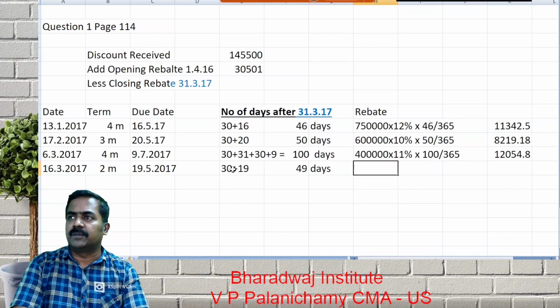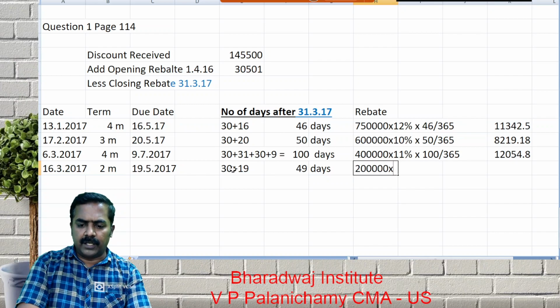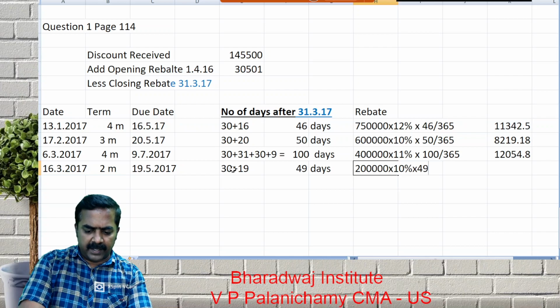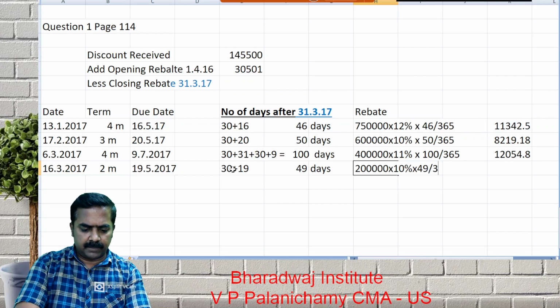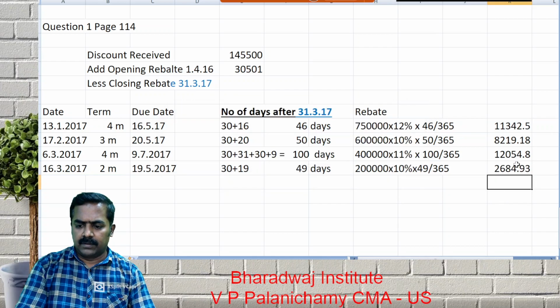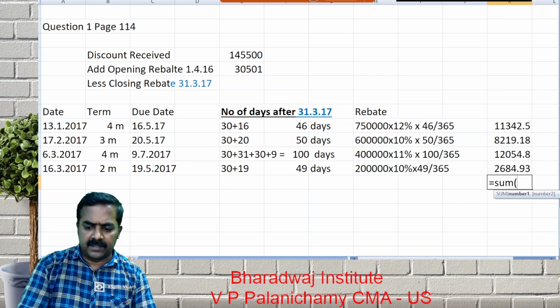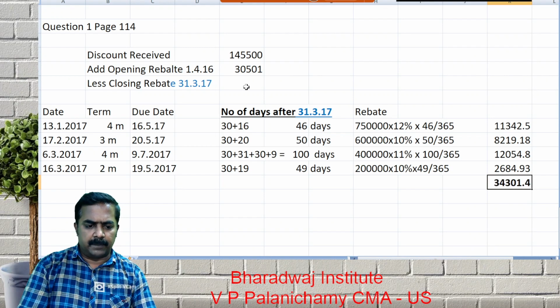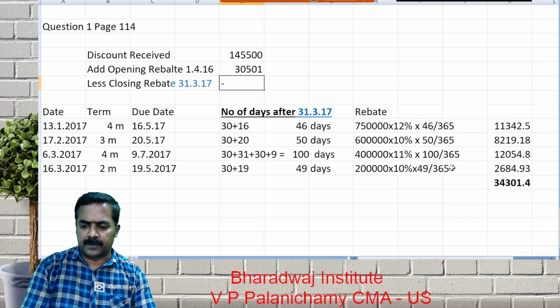What is the bill value? 2 lakhs into 10% into 49 by 365. 2,590. So adding these, 34,301.4 comes.